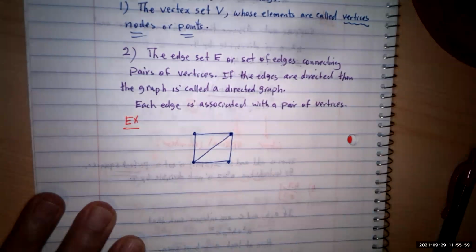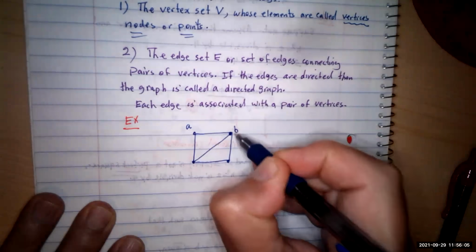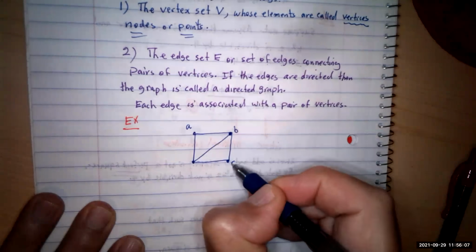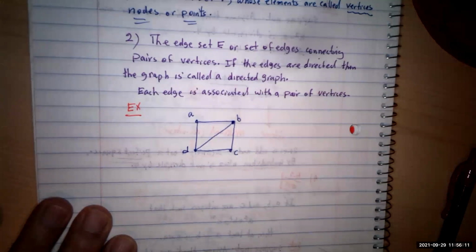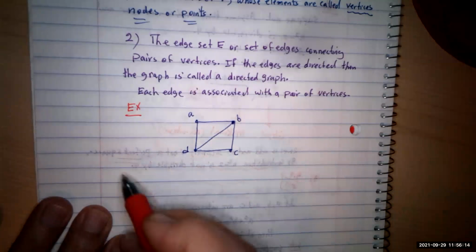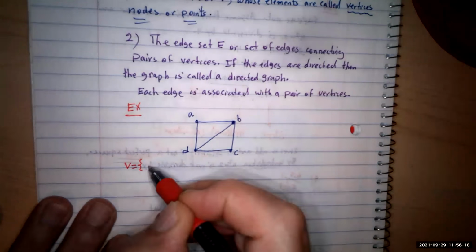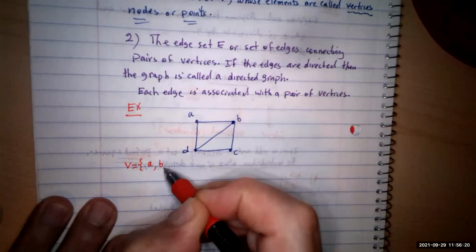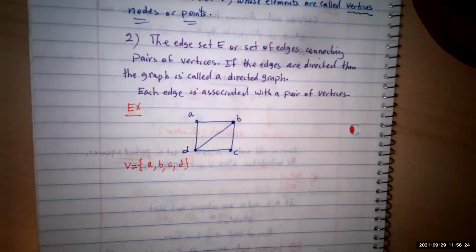This graph would have 4 vertices. The vertices are going to be A, B, C, and D. This is usually denoted by V equal to the collection of points A, B, C, and D. Okay, so that's a vertex set.